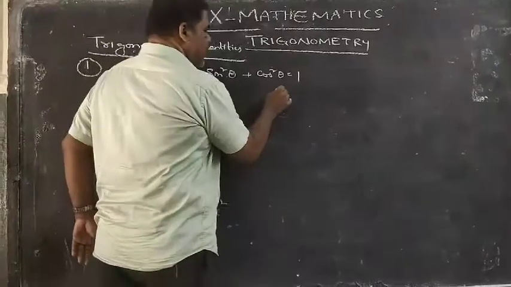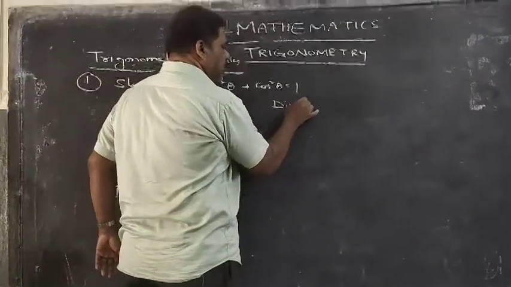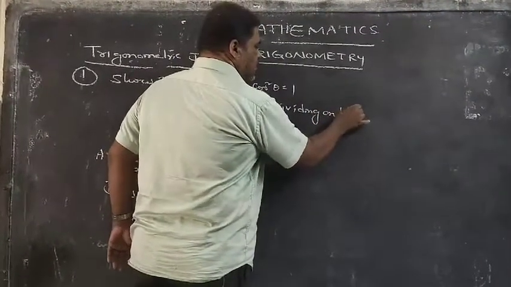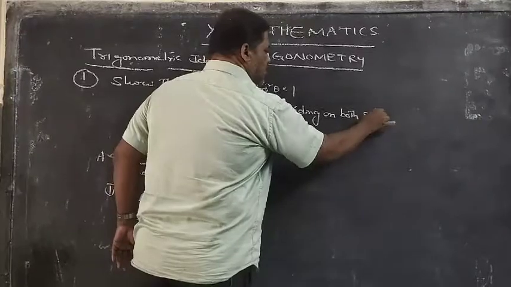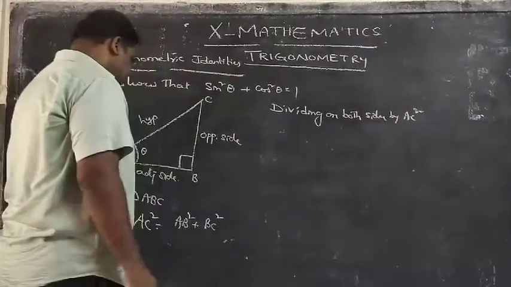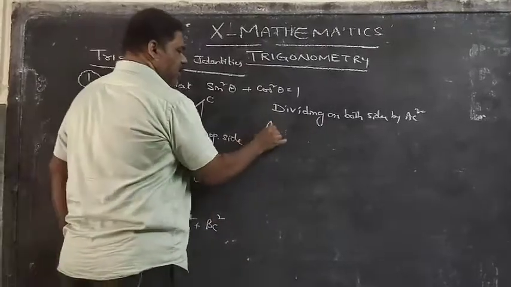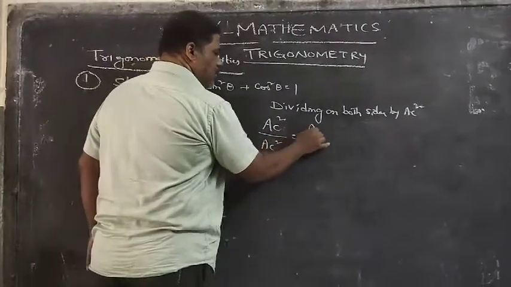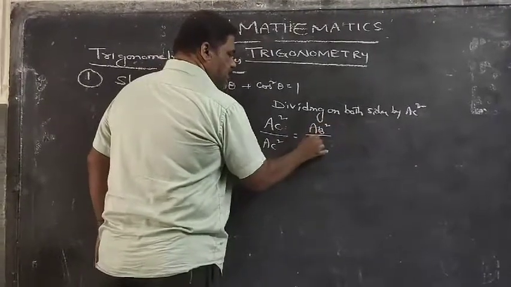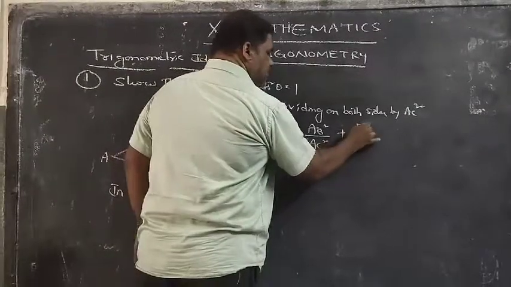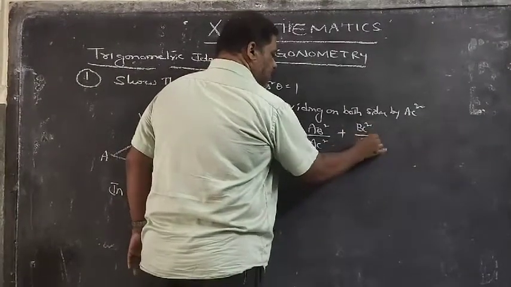Now let us divide on both sides by AC square. So AC square by AC square is equal to AB square by AC square plus BC square by AC square.